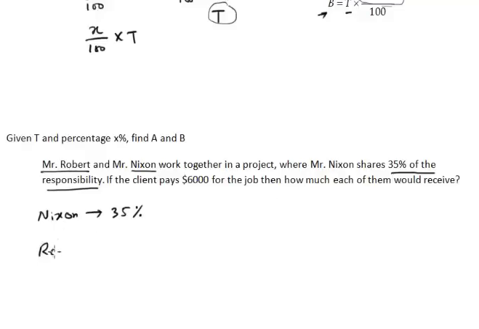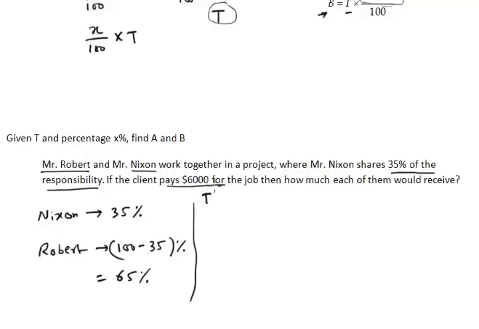So Mr. Robert's responsibility will be 100 minus 35%, which can be written as 65%. So this is their responsibility sharing. If the client pays $6,000 for the job, so this is the total quantity, then how much will each of them receive?